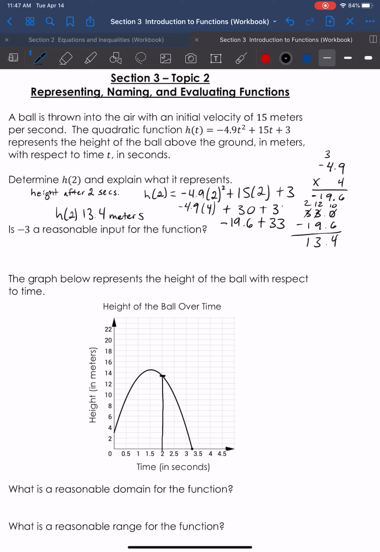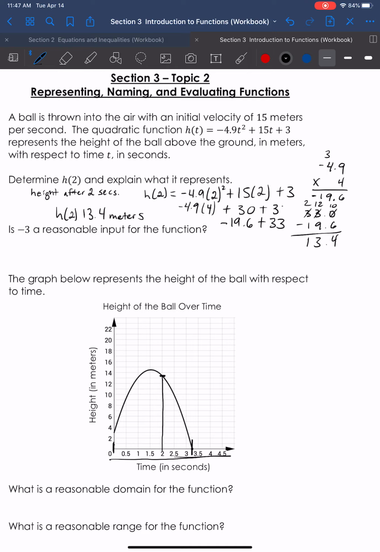Alright, is negative 3 a reasonable input for the function? So remember that inputs are x's, alright, and on our x-axis down here, we are talking about time. Is negative 3 a reasonable input? Well, we can see that it starts at 0 seconds and the ball hits the ground at between 3 and 3.5 seconds.